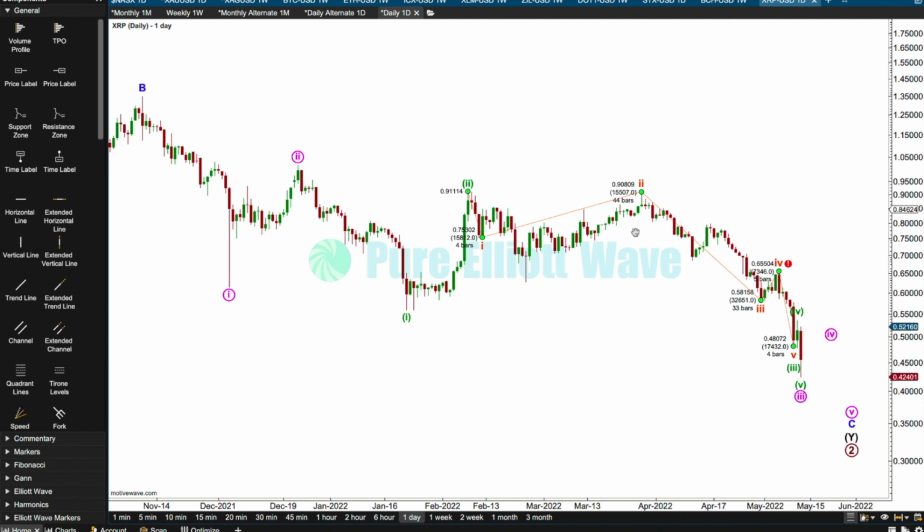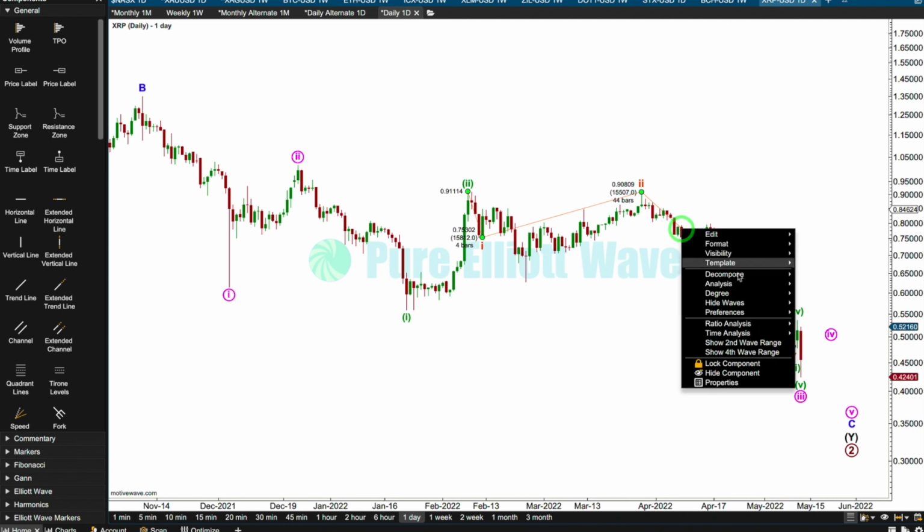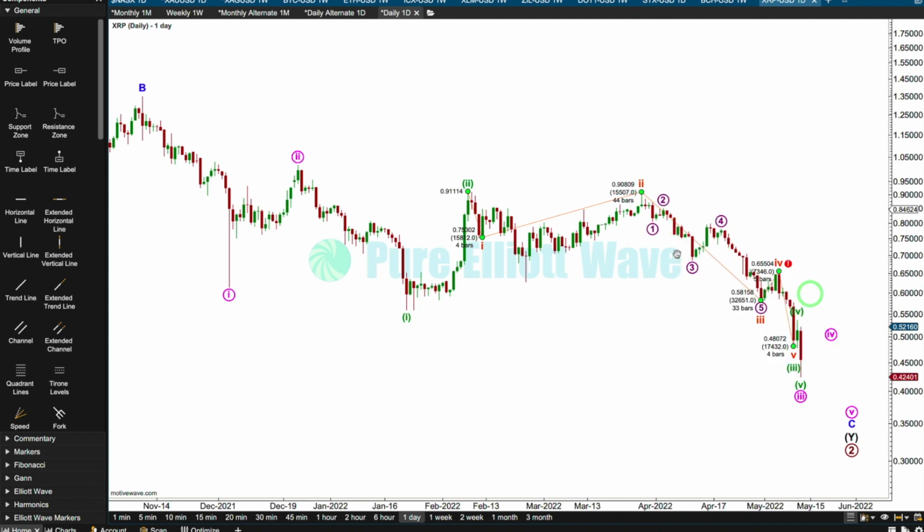Okay, I think that's probably going to work. Yeah, okay, this motive wave is telling me 4 terminates within the range of 2. The rule is really clear. 4 may not overlap wave 1 price territory. Wave 1 ends at 0.75302.